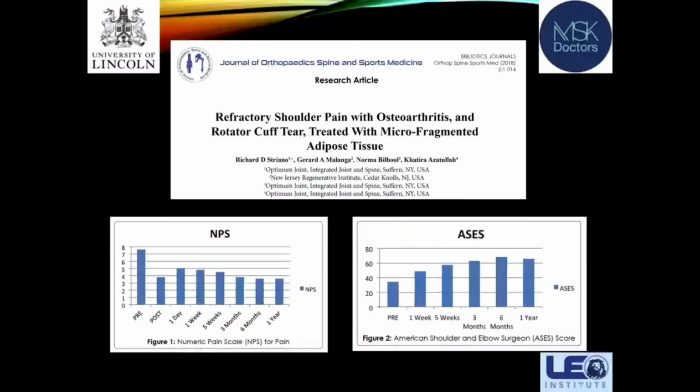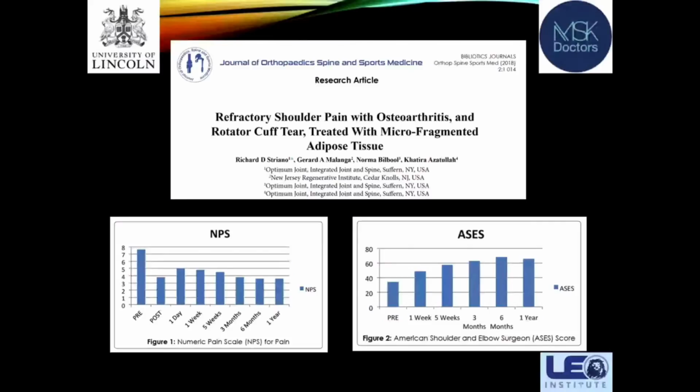And I found this very interesting study. This study has shown that in 20 patients with shoulder arthritis, either within the glenohumeral joint or the acromioclavicular joint, with or without rotator cuff tear, they looked at the pain score.